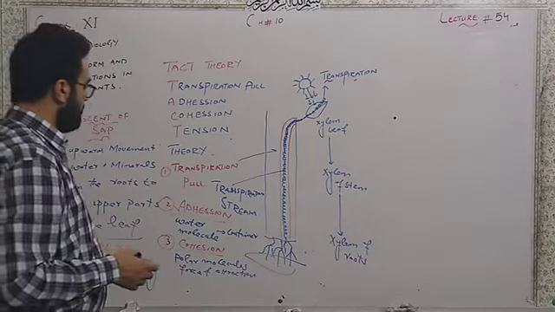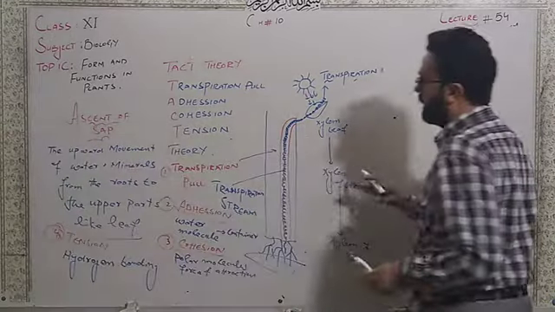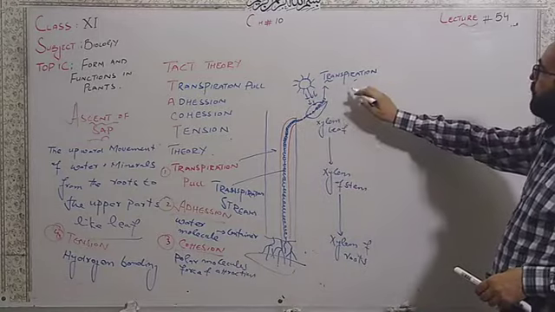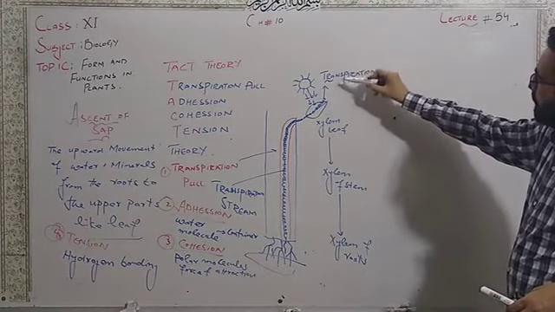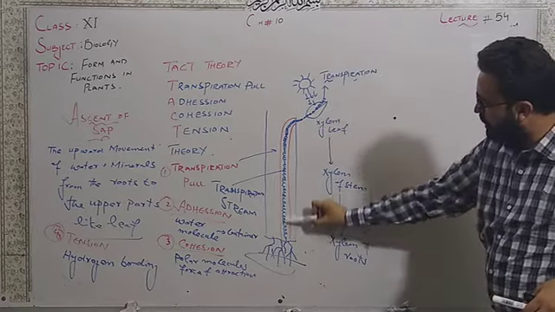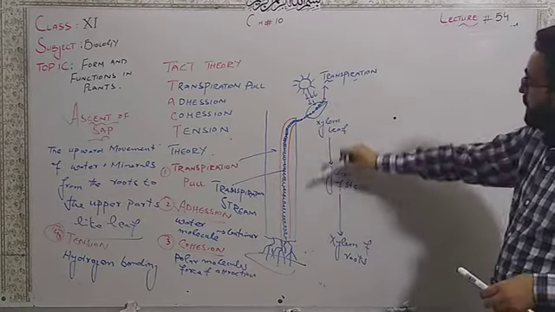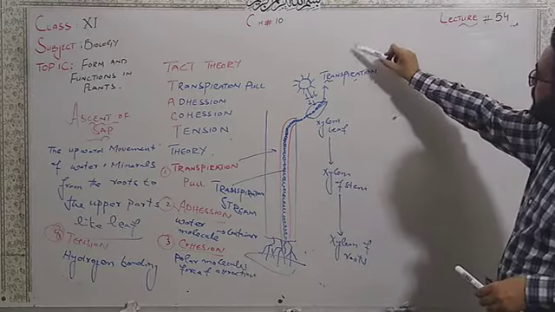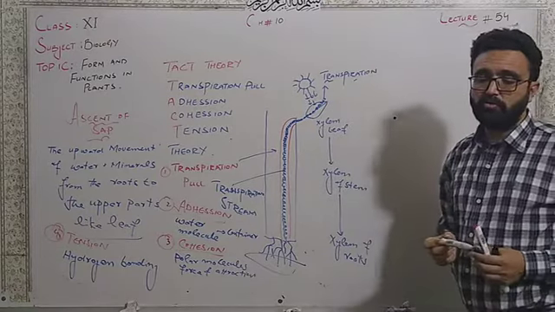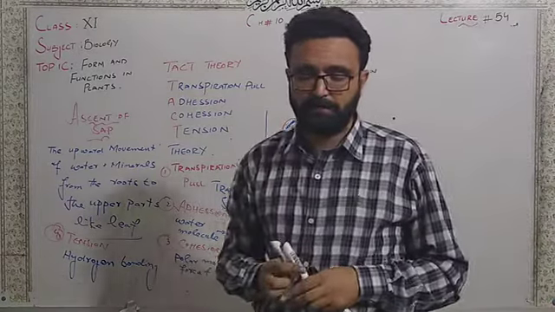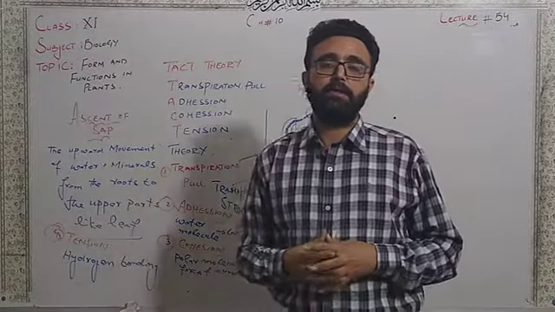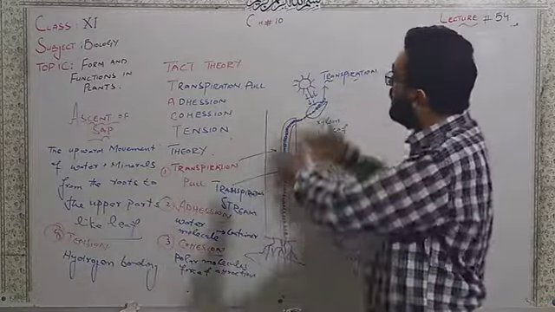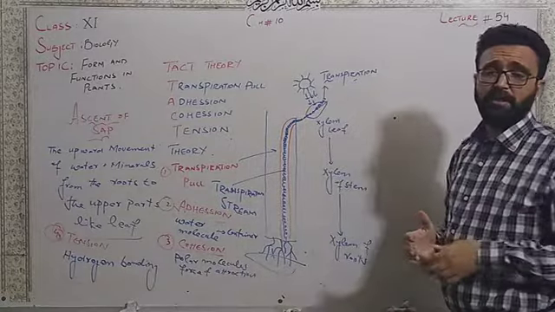So in that way, the water molecules are constantly moving through transpiration. If there is transpiration, then a continuum is formed, and that continuum leads the water towards the environment. So through this mechanism, water molecules can be taken up to any height.